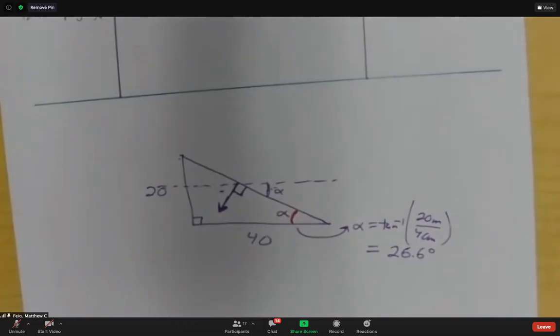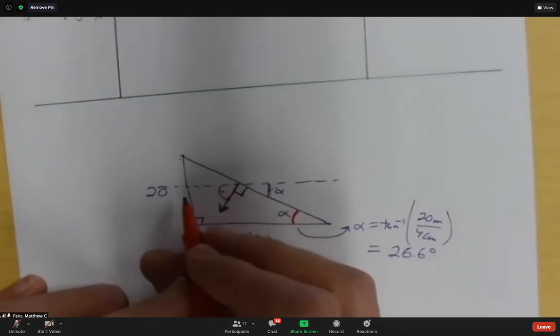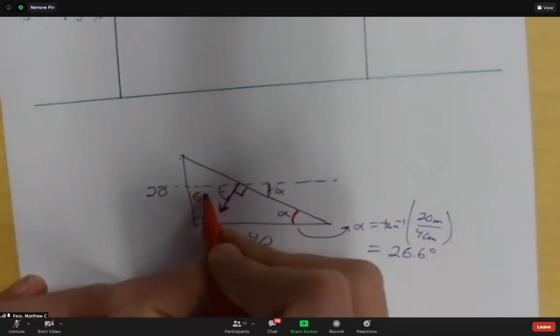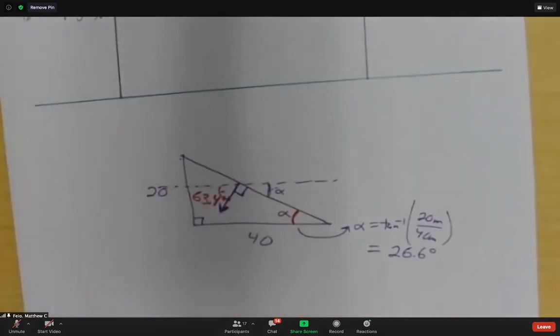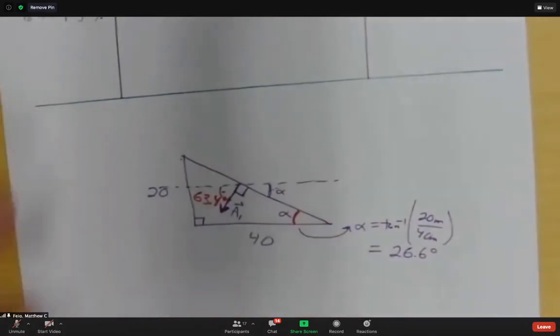So 90 minus 26.6, and right here we get 63.4. So the area vector, the A1 vector, is 63.4 degrees from horizontal, whereas the incoming sunlight is at 45 degrees from horizontal.